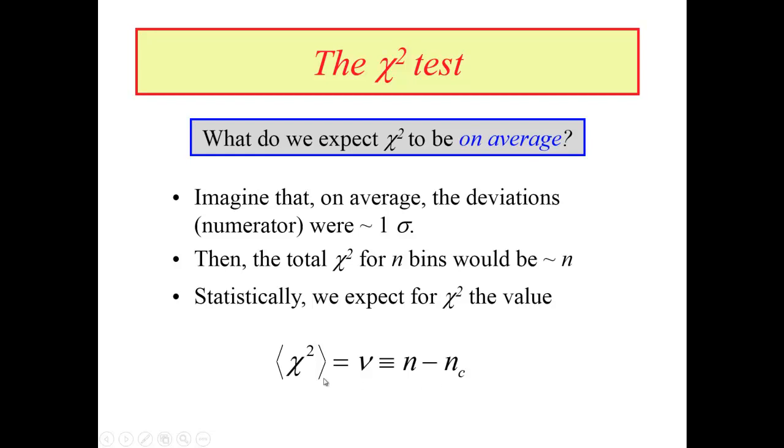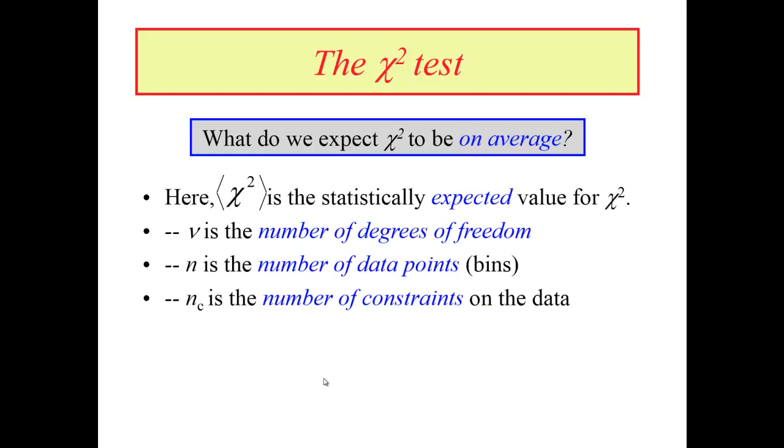And so then that's what we would expect our average chi-squared value to be. The textbook gives some examples to show how these numbers are actually determined.